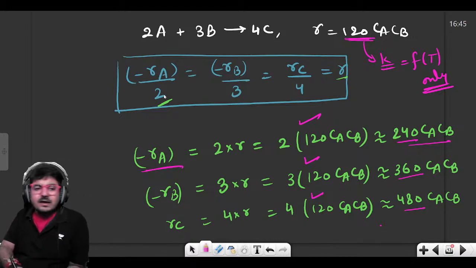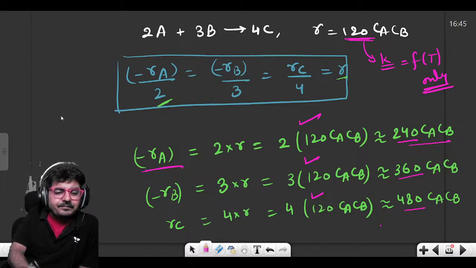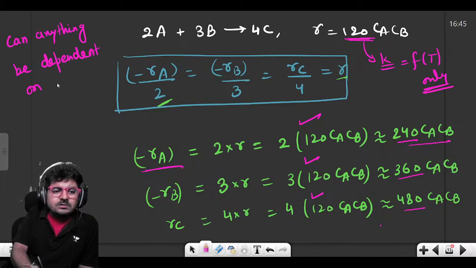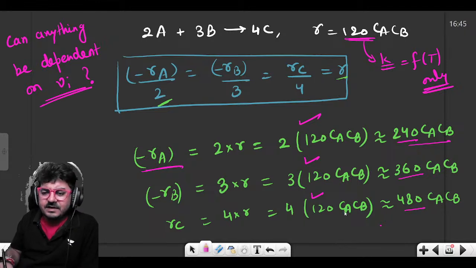Why? Can anyone tell me? Can anything, in general, I am asking, be dependent on stoichiometric coefficient? Yes or no? If yes, then why?